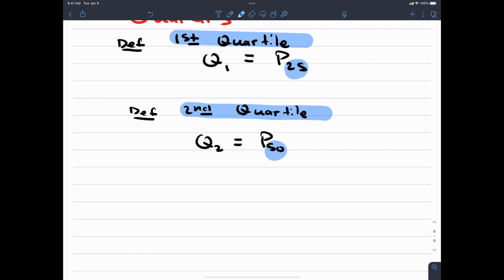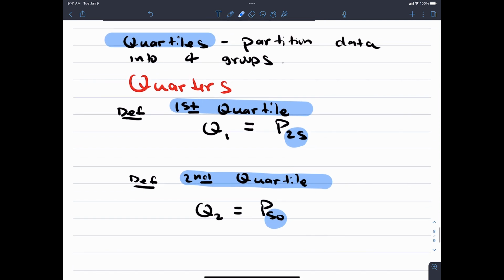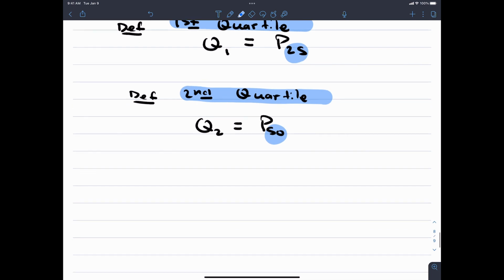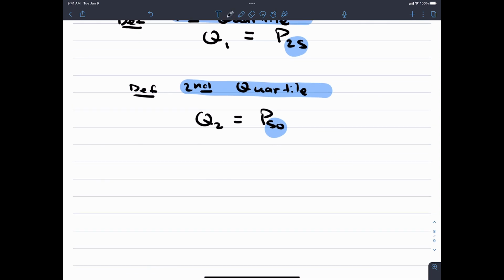It's the 50th what? Percentile. This is a definition. This is how you define it. Okay? You don't question definitions. It's like if I said, "Hey, what's your name?" You said Sally. I said, "No, you look more like Nancy." I can't change your name. I can't change the label you were given.